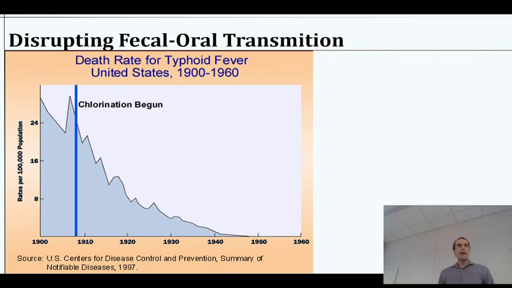Okay, so what impact has this had? Well, disinfection with chlorine began around the turn of the 19th century. And we can see a correlated impact on typhoid fever. So typhoid is one of those fecal-oral transmitted diseases, and it is a relatively deadly one, especially before the modern medicines.